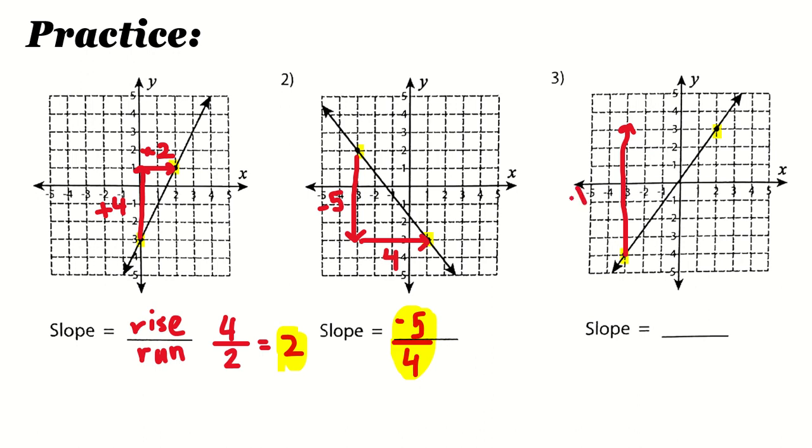We went up 7. That's the rise. Over by 1, 2, 3, 4, 5. To the right by 5. Notice that on the graph I'm putting my plus signs, but when I come down here I know that that is just 7 over 5. I don't want to simplify that to a decimal. I'm totally fine leaving this as a fraction.